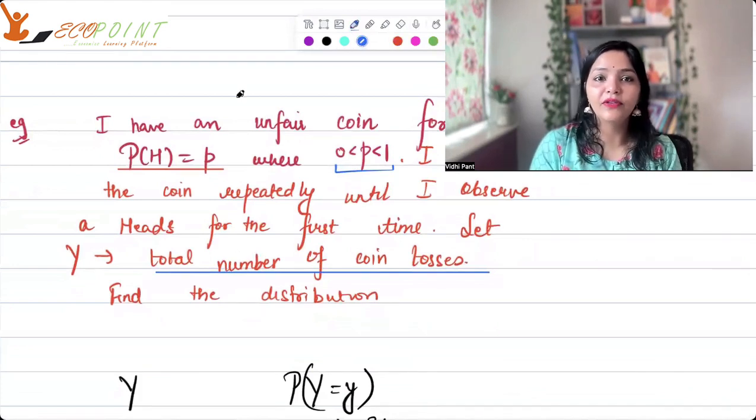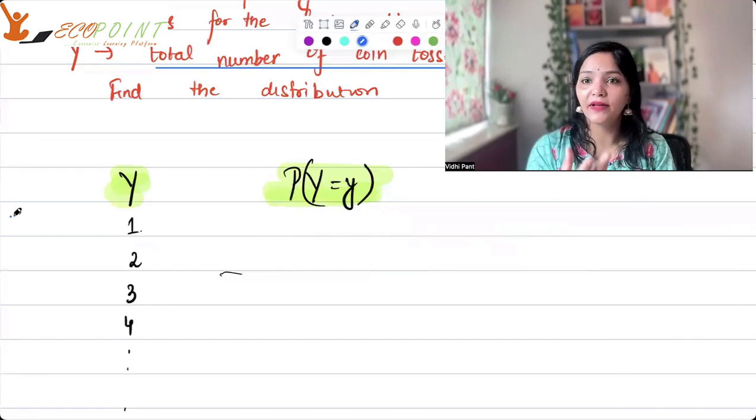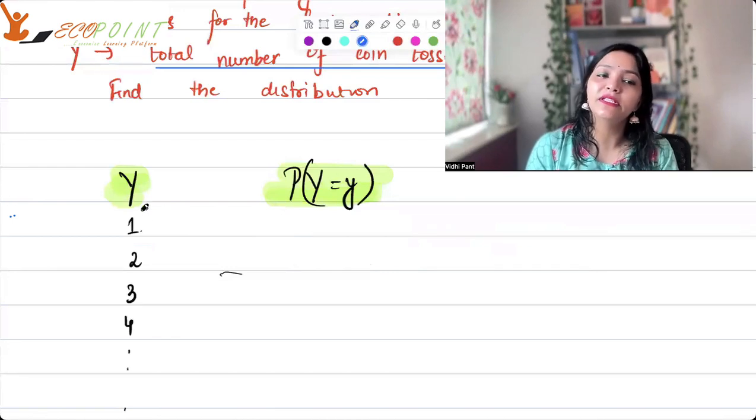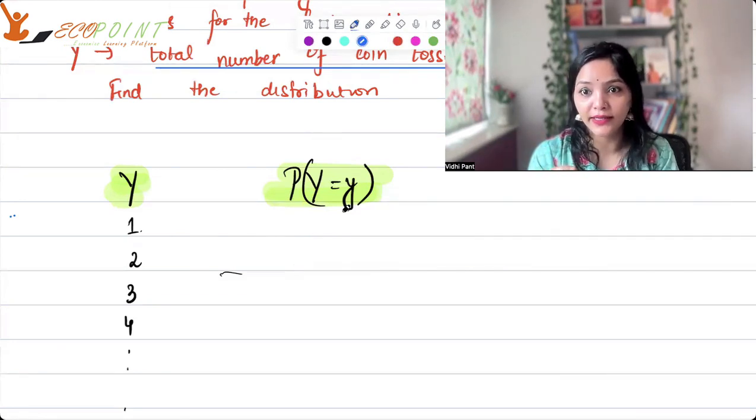Now, with every value of the random variable, you have a probability attached to it. Let's generate this probability. So Y can take the value 1, 2, 3, 4, so on and so forth. Maybe I'd never stop. Now, if it takes the value 1, that means I'm just tossing once. The whole idea is that I keep on tossing till I get heads, right?